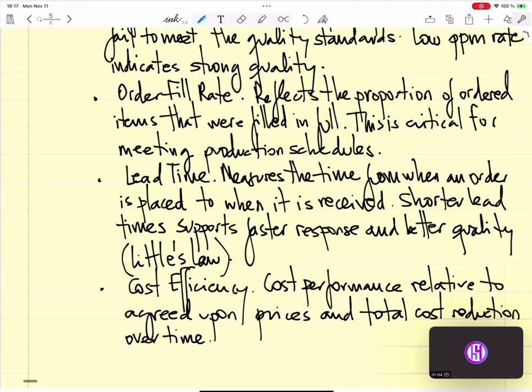Okay. So those are the KPIs we want to be tracking.